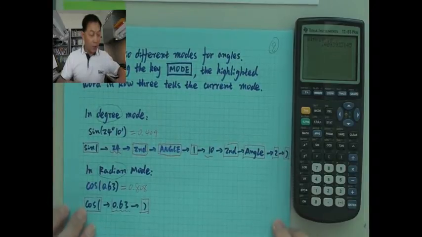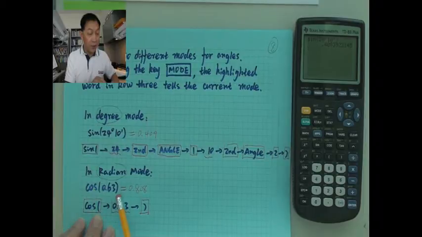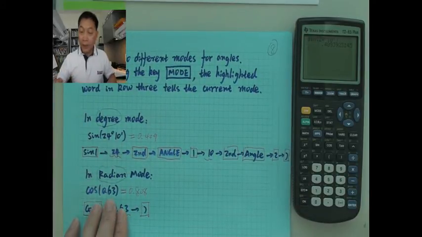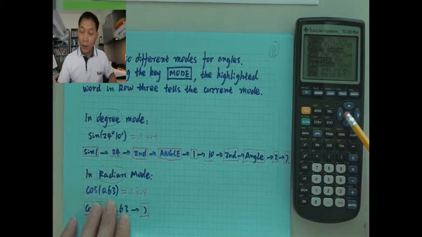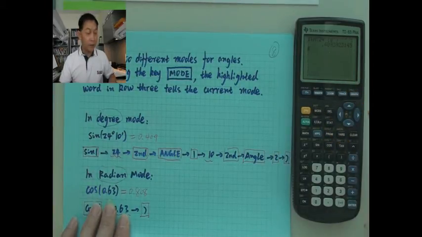Another way is we work on cosine, and here 0.63 is a real number in radians. So how are we going to do that? Again, you want to check the mode before you calculate. If you hit on that, that's in degree mode, so you cannot do that. You want to move the cursor down and then hit enter. So it changes to radian mode. And then you do second quit, so it comes back.